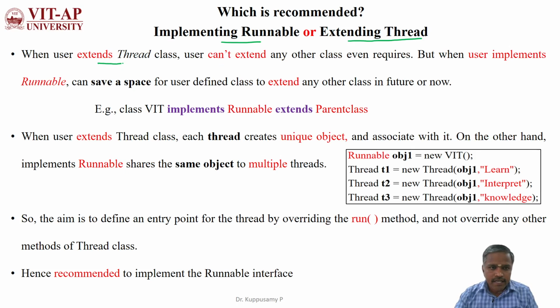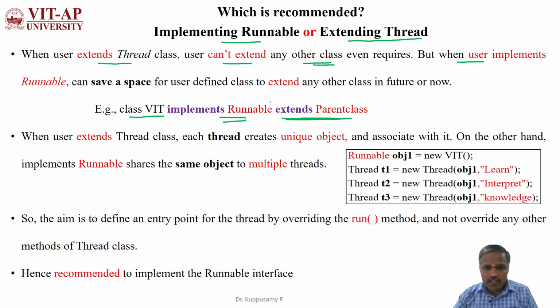When the user extends the Thread class to create a thread, the user cannot extend another class even though it is needed for his requirement. When the user implements the Runnable interface, he can extend another class. For example, you see, when a class implements the Runnable interface, suppose the developer wants to extend one more class, then he can use code like this.